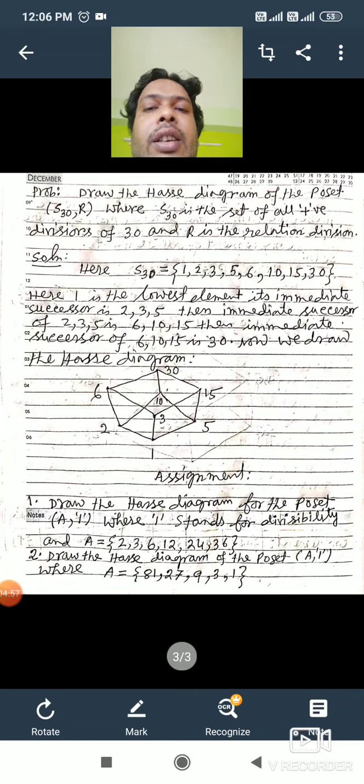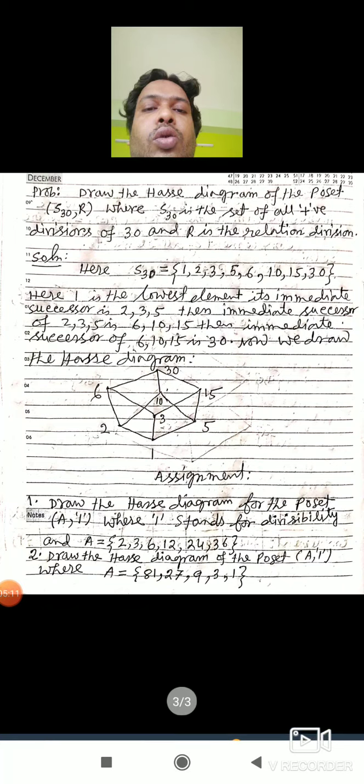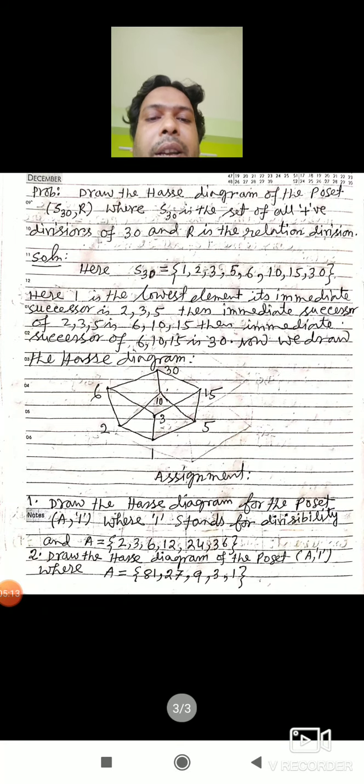Now the relation R is division. Here 1 is the lowest element, its immediate successors are 2, 3 and 5. So we draw 2, 3, 5 from 1.